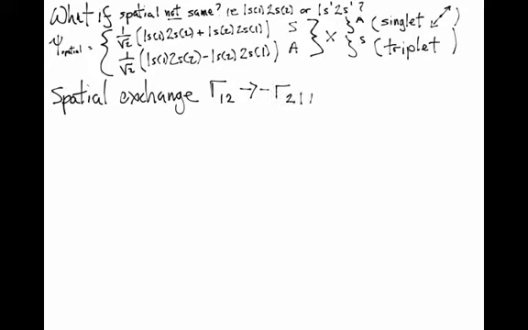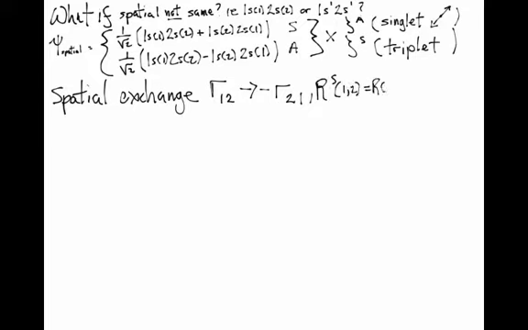Basically, remember that incredibly important coordinate, the distance between the two electrons, r12. When I invoke the spatial exchange, it's basically equivalent to taking r12 and turning it into minus r12. Because r12 is a vector, the distance between the two electrons, I can point from 1 to 2, and if I turn it around and say, whoops, 1 and 2 have switched, I'm basically changing the sign of that vector.